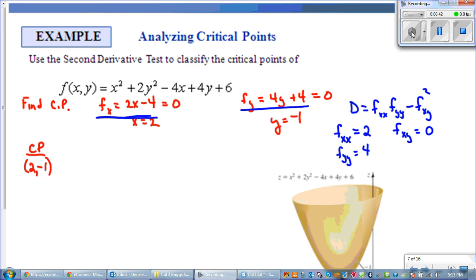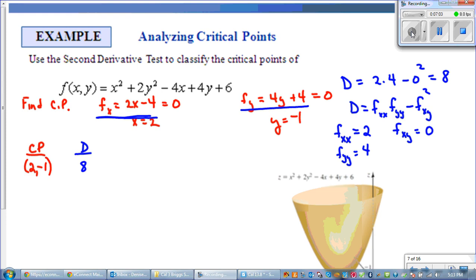So that discriminant then, it really doesn't matter which point, we'll have 2 times 4 minus 0 squared. The discriminant is always 8. So it doesn't depend on what the point is. So the discriminant for this point is 8 also.